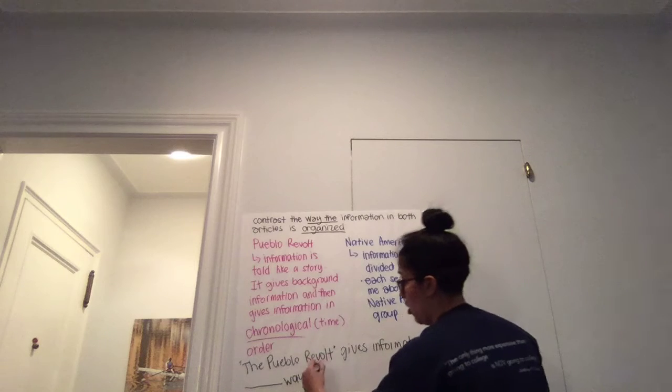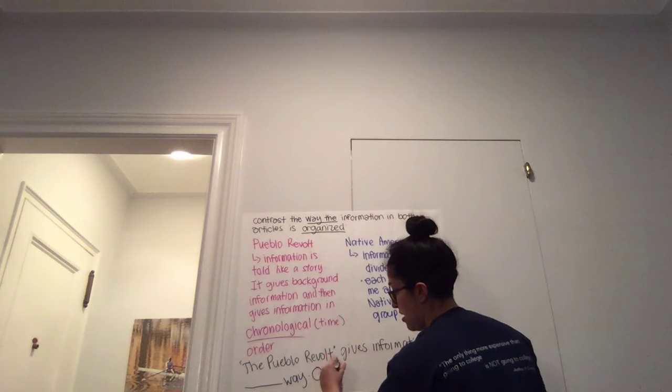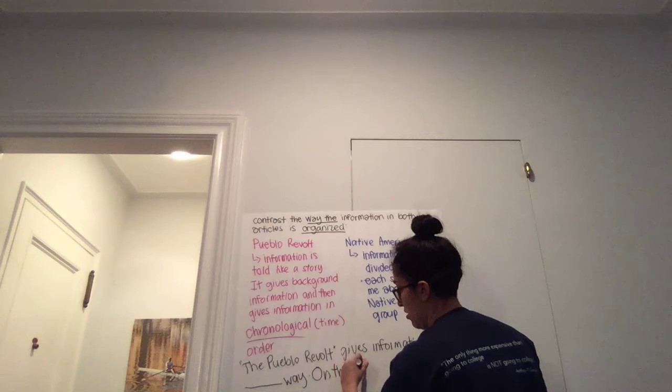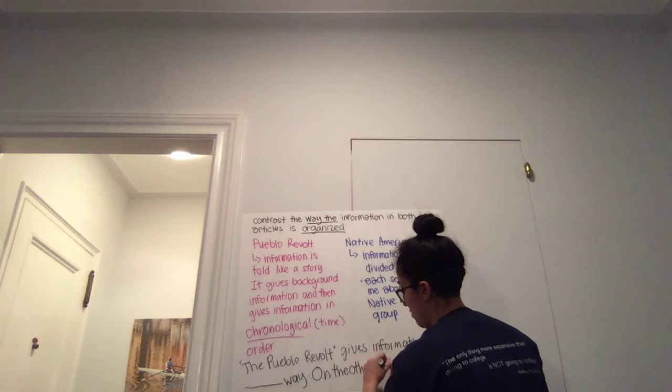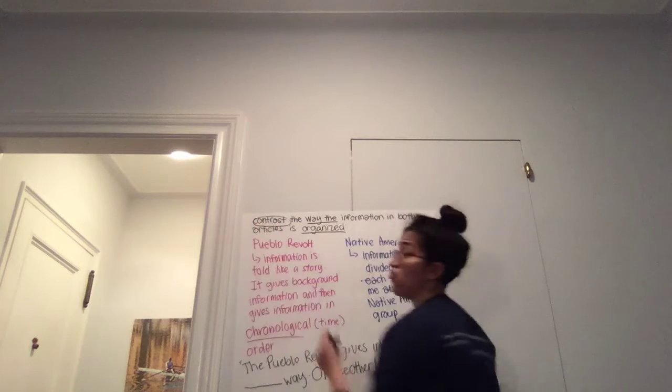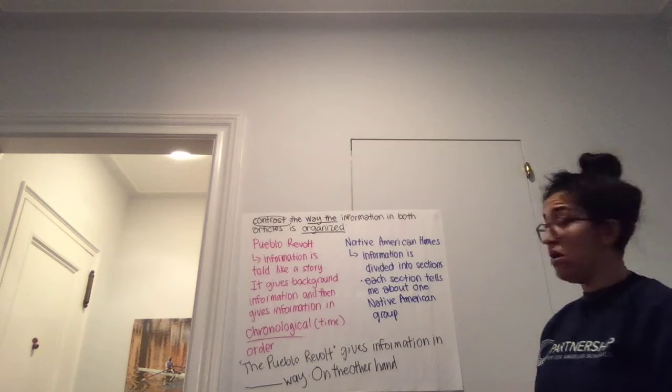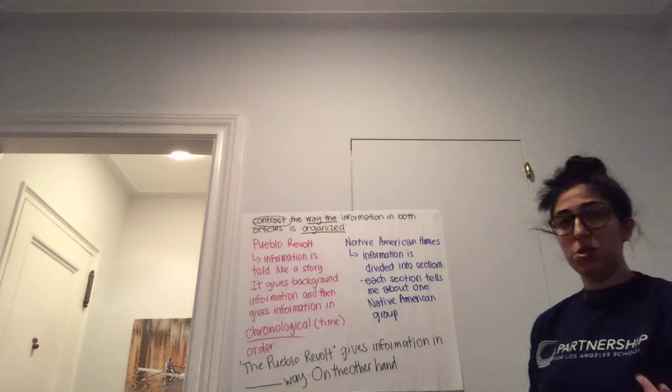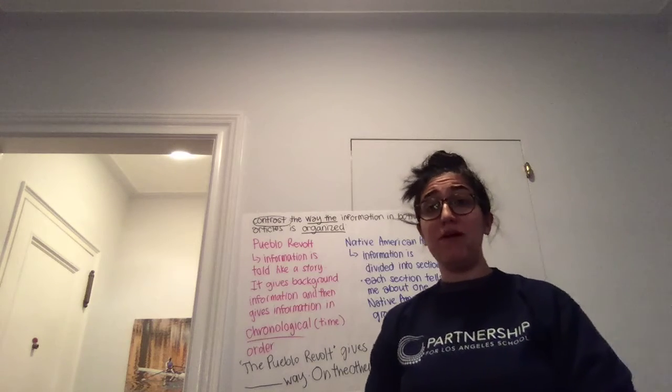Then I can say, on the other hand, because remember, now I'm going to contrast, which means I want to show a difference. On the other hand is a transition that will help my audience know that I'm about to say something different.